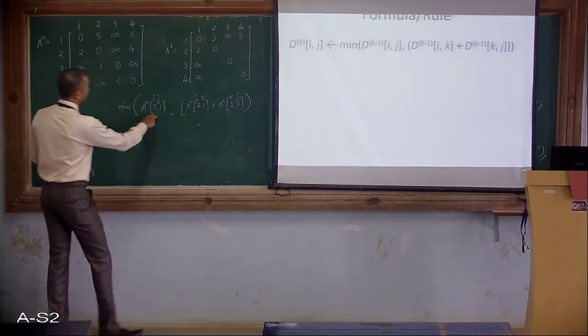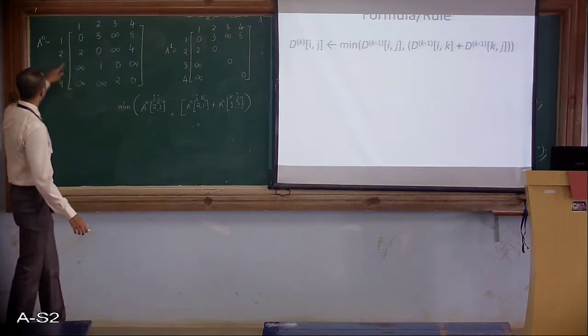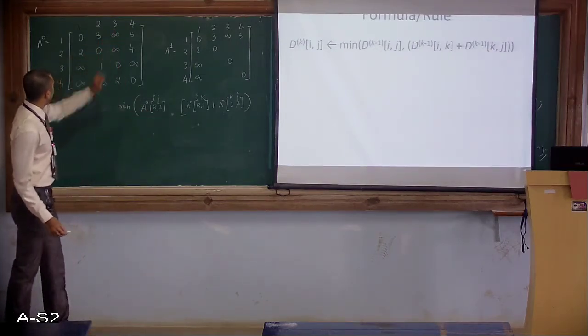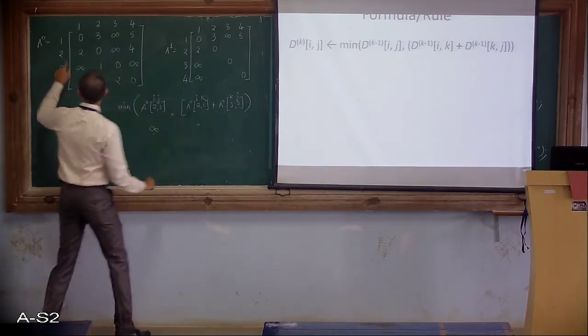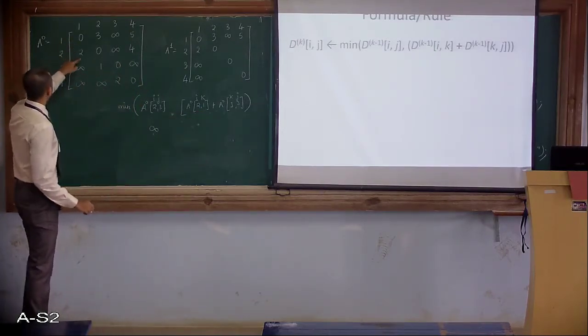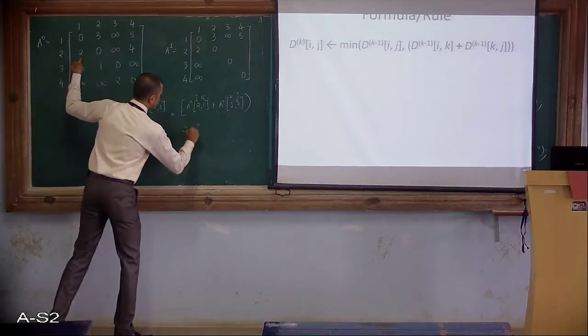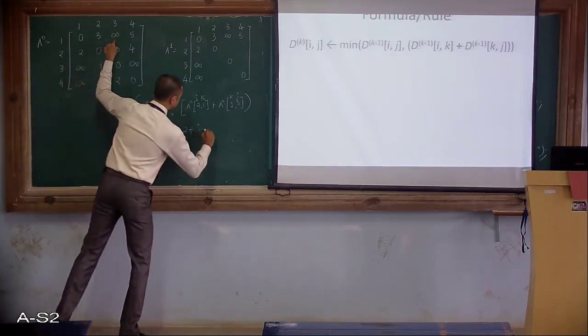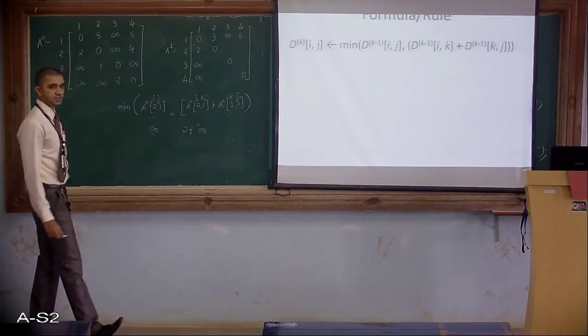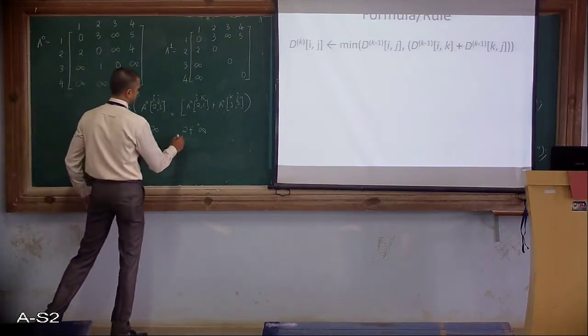In A0, what is the value of 2 to 3? 2 to 3 is infinity. And on this side, 2 to 1 is 2 plus 1 to 3. 1 to 3 is infinity. So this one is greater.